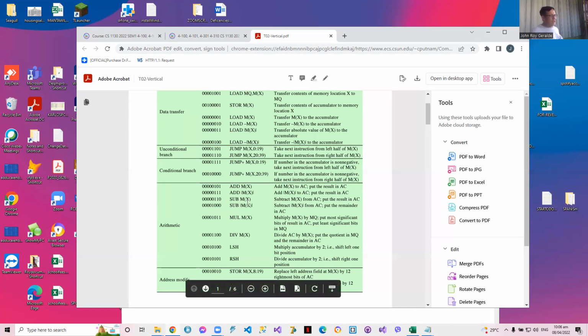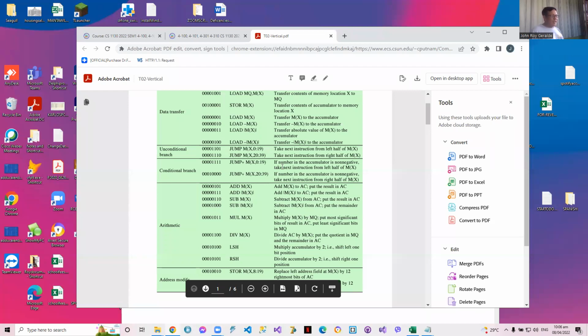There are add, sub, mul, div, left shift, right shift, similar to the analytical engine. Okay. However, there's a jump plus, and jump plus to the left or jump plus to the right of a given address.